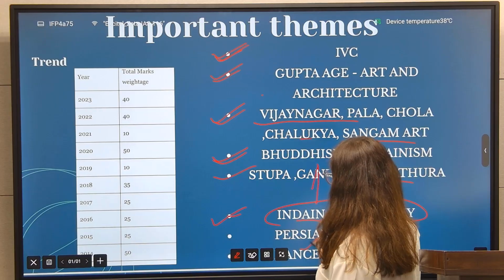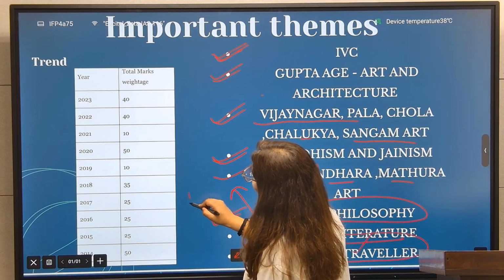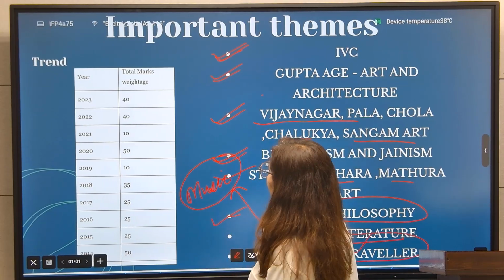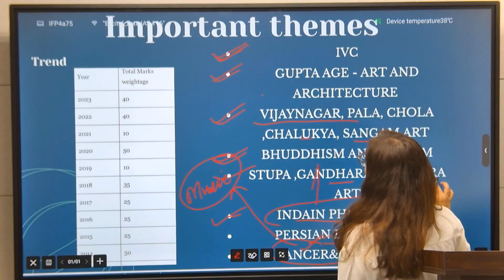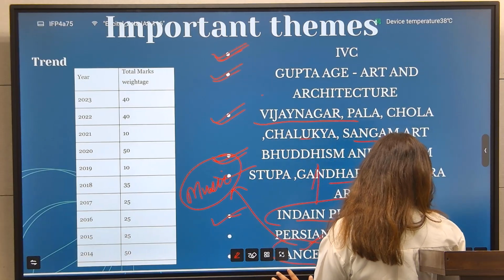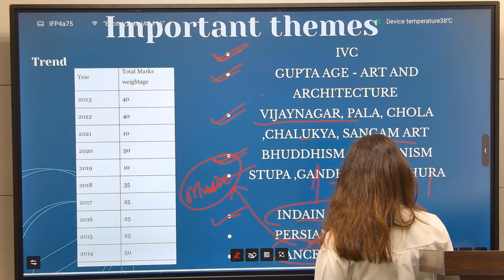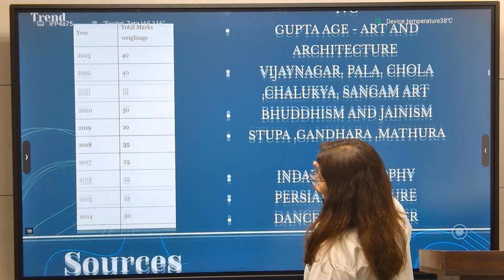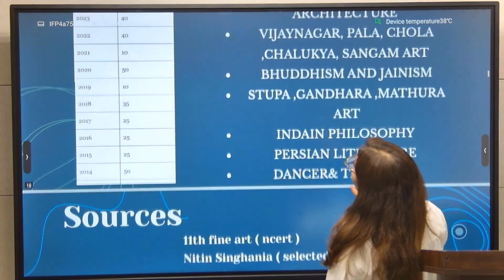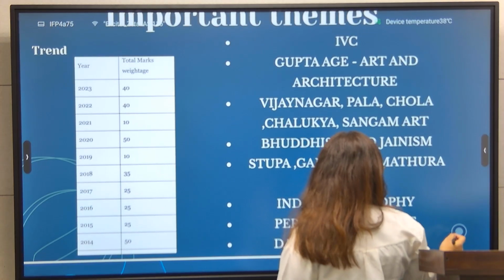So if dancers and travelers have been asked by UPSC, then music is also an important thing. So these broader 5 to 7 themes are there. On these themes, you have to prepare notes.